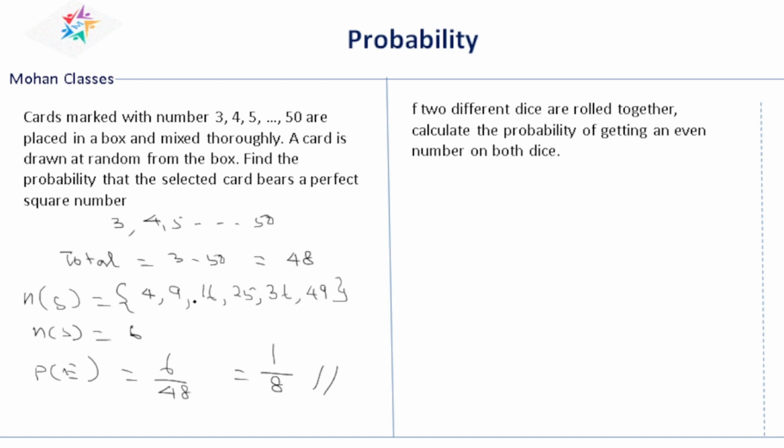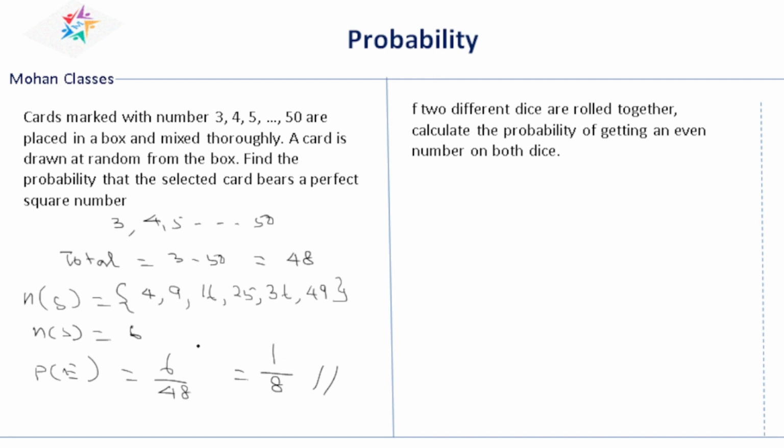So what is the total outcomes? 1, 2, 3, 4, 5, 6. So n of S is equal to 6. This is the sample space, and this is the favorable outcomes. The total means it is the possible outcomes, and n of S is the favorable outcomes. So 6 by 48 is equal to 1 by 8.